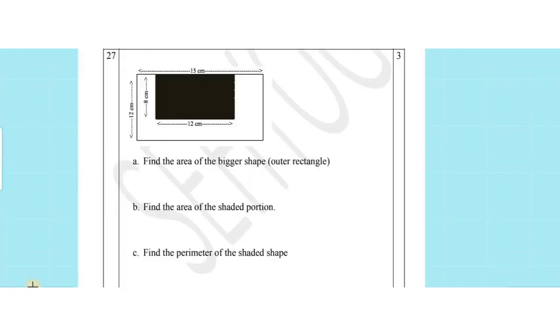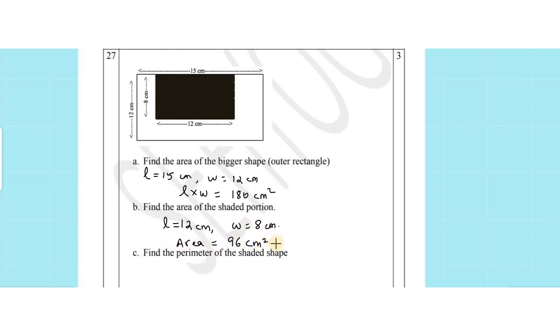Question number 27. To find the area of the bigger shape, we take length as 15 centimeters and width as 12 centimeters. So, the area is 15 times 12, which is 180 centimeters squared. For the shaded portion, length is 12 centimeters and width is 8 centimeters. So, the area is 12 times 8, which is equal to 96 centimeters squared.